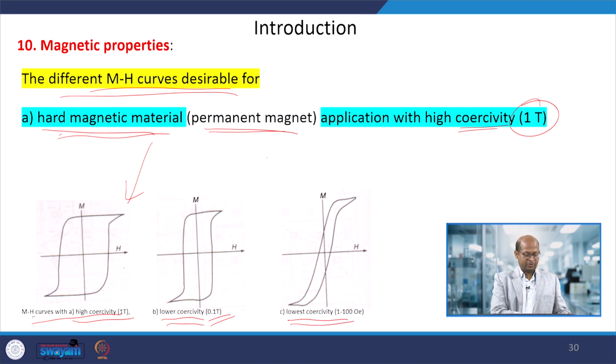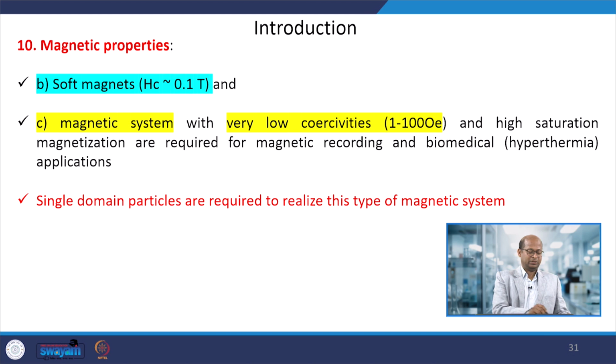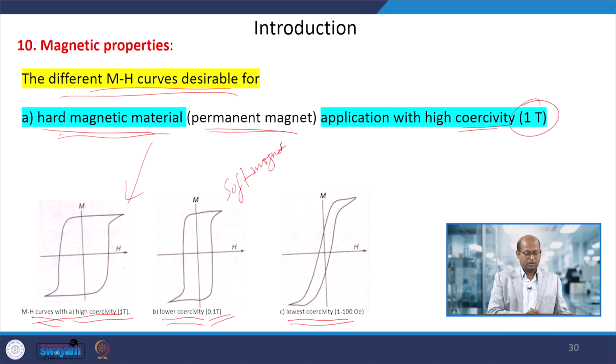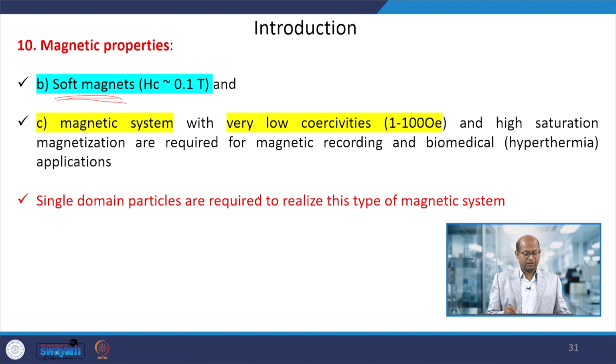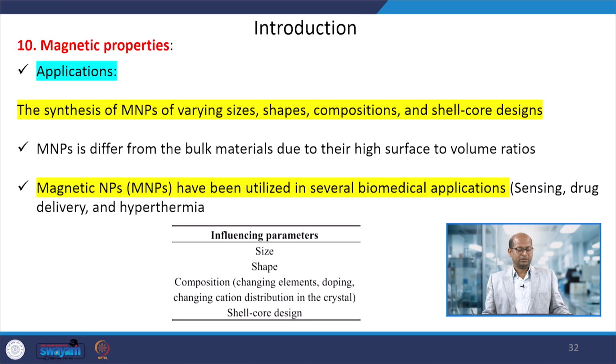So in these three different ways we can see MH curves depending upon the materials. This is a permanent magnet, this is a soft magnet. Hard magnetic materials have high coercivity, soft magnets have very low coercivity. So by seeing the MH curves we can classify what type of magnetic property is present in the material.